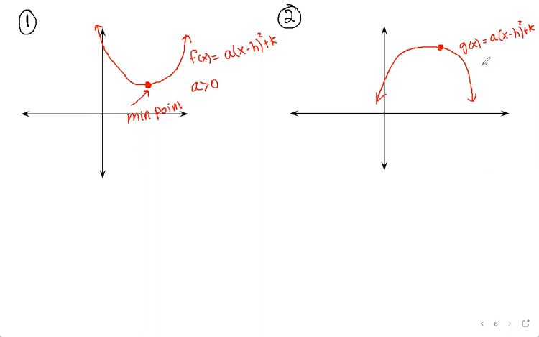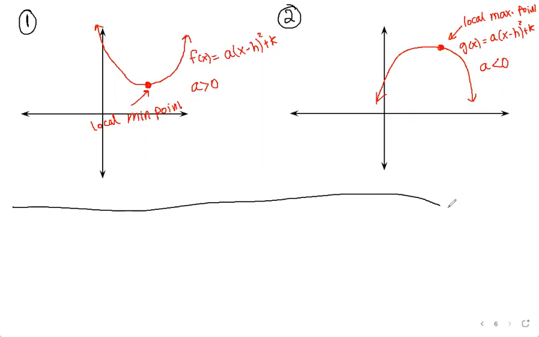Here a is negative, and this is the local maximum point. Sorry.